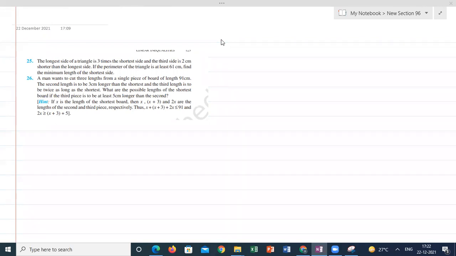The longest side of a triangle is 3 times the shortest side. And the third side is 2 centimeters shorter than the longer side.